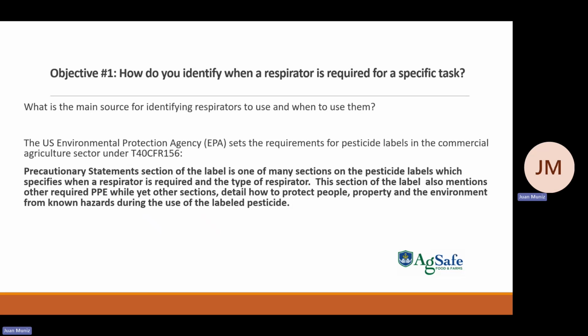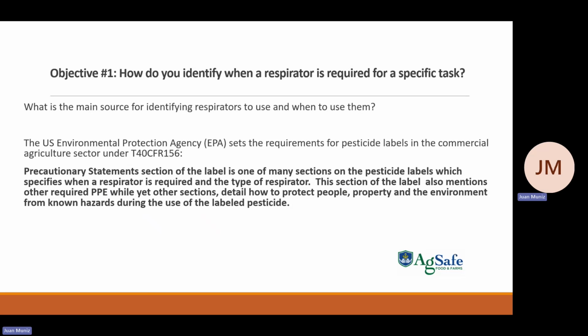In that section, called Precautionary Statements section of the label, which is one of many required parts of the label, it specifies when a respirator is required and the type of respirator.